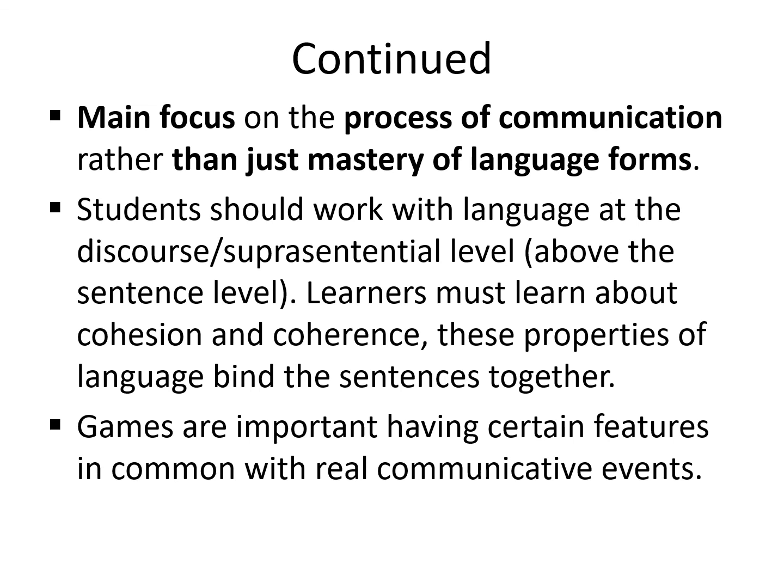Students should work with language at the discourse or suprasentential level, above the sentence. Learners must learn about cohesion and coherence. These properties of language bind the sentences together. There must be coherence. It means when they have learned the language, they must use it in a logical form, and that must be sensible.